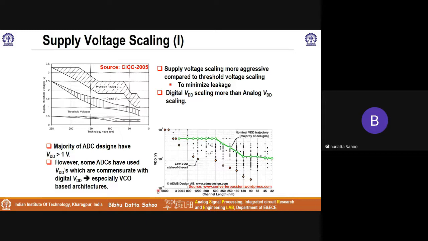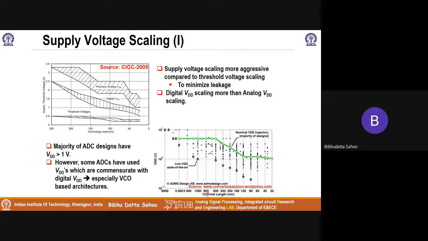Now let us see, as I said, the ADC is one of the data converters, and one of the most challenging blocks in an analog system. This is taken from a website called converterpassion.wordpress.com. What it shows here is the supply voltage on the y-axis versus the channel length for different technologies for ADC designs.